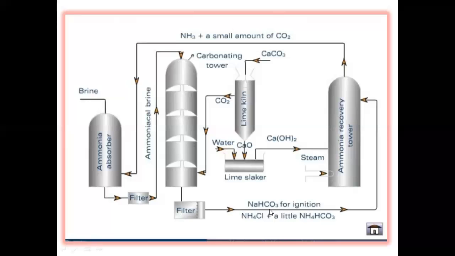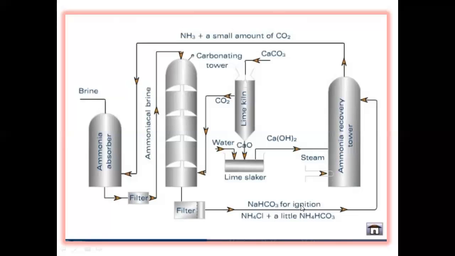That sodium hydrogen carbonate, I told you, precipitates out in this carbonating tower due to low temperature, and to remove it from this ammonium chloride solution and a little ammonium hydrogen carbonate, it is filtered.